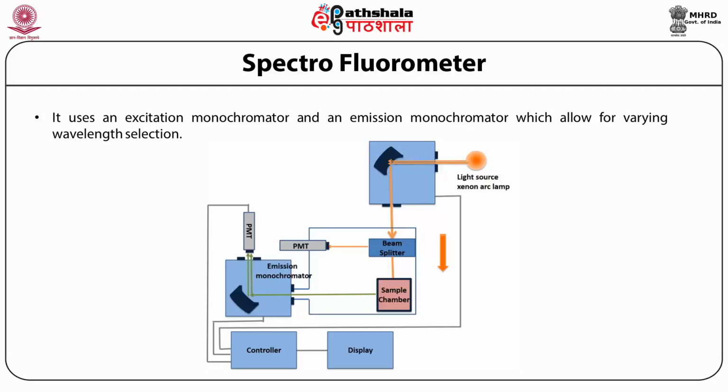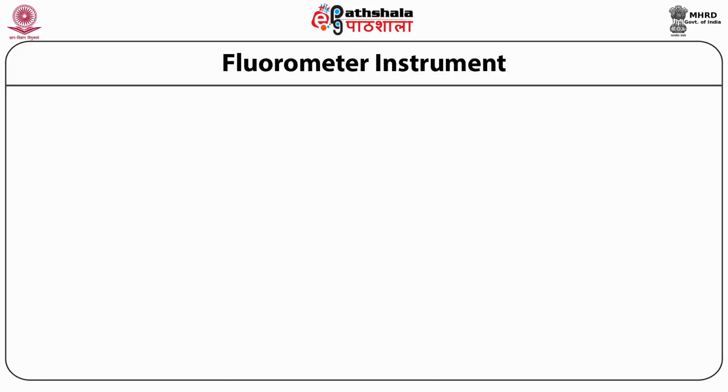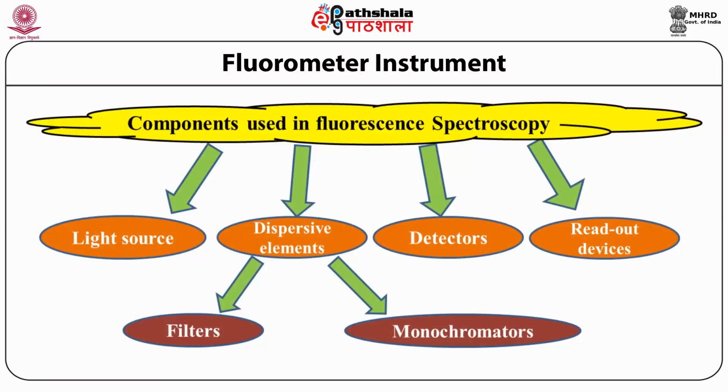Such instruments have dual excitation or dual emission monochromators for increasing sensitivity and reducing stray light. The instrument fluorometer contains several components, and the main components are light sources, dispersive elements that contain filters or monochromators, and detectors. So, let us study more details about these components.